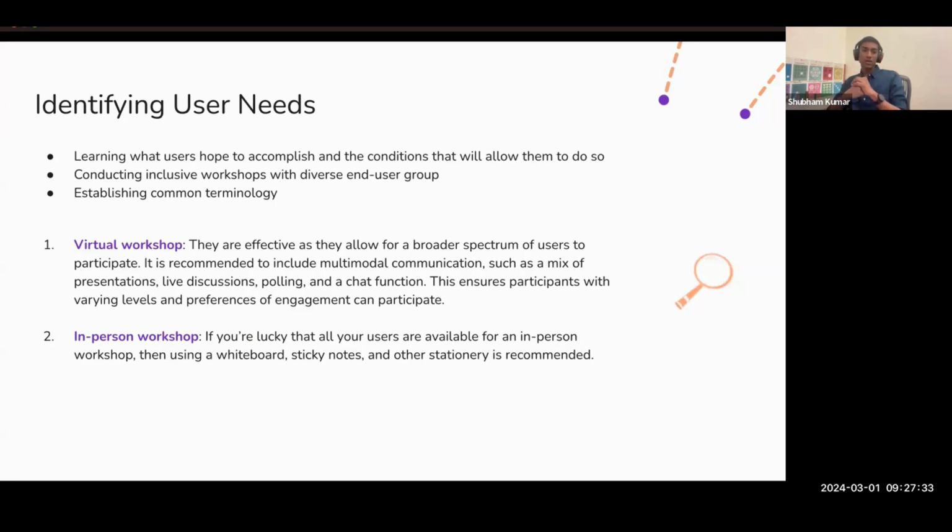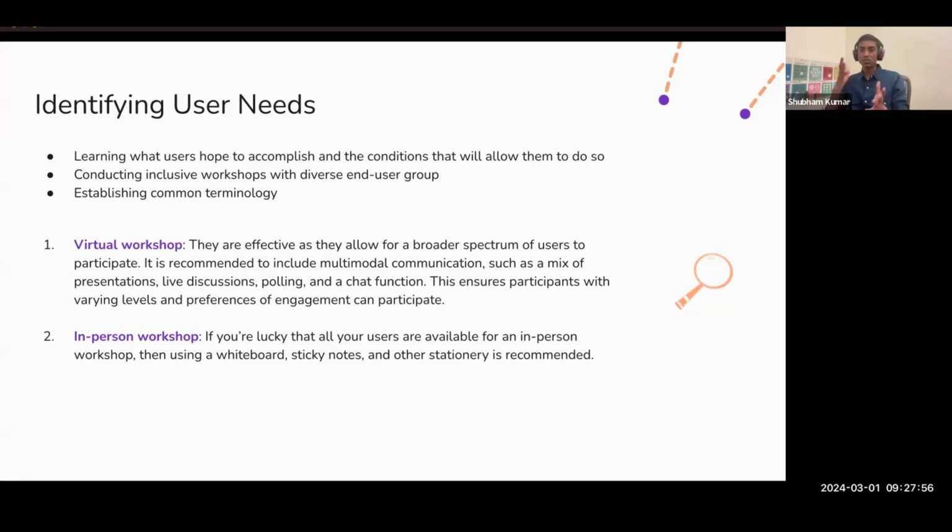So workshops could be virtual, could be in person. It just depends on how you would be able to work with your stakeholders. But each has its own strengths and weaknesses. And so that is for you to decide which would be the better approach. Virtual, of course, gives you opportunity to engage people from different geographical locations.